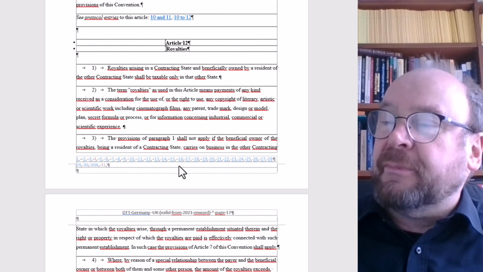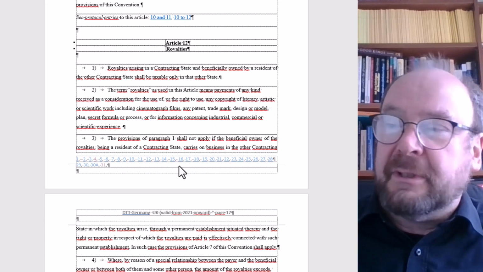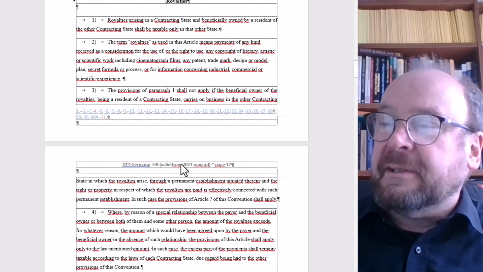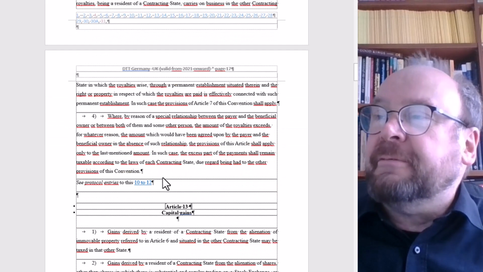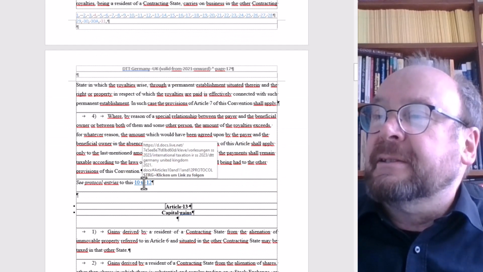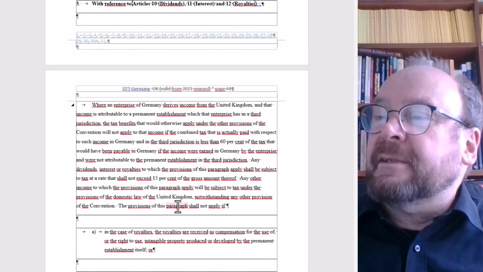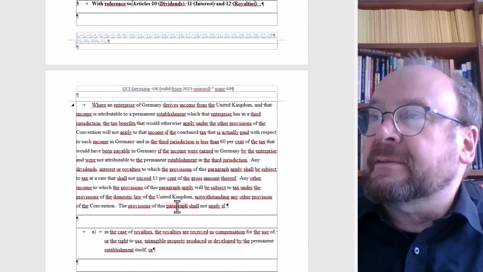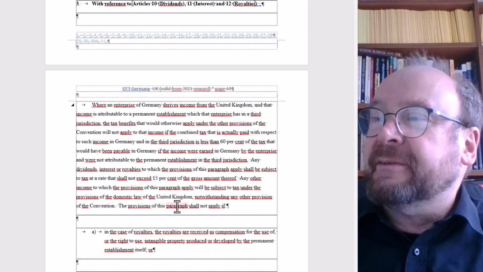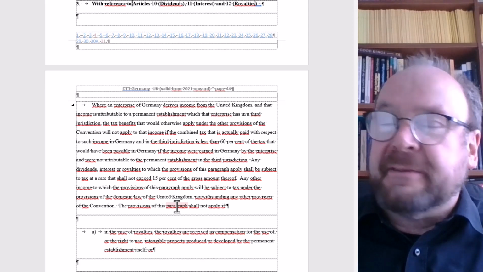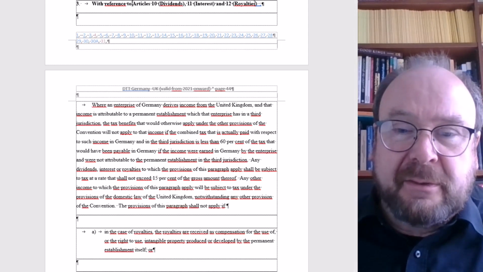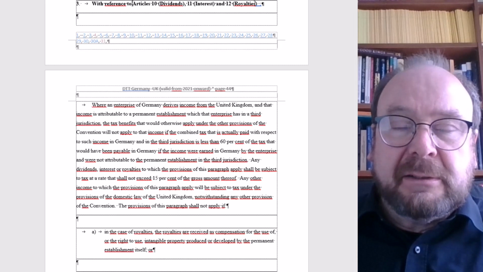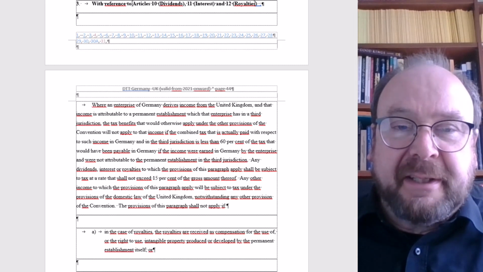And we have a protocol entry to Article 10 to 12, but surprise, this is some clause on a 3-country constellation, so that doesn't affect us here. So it's Article 12.1 saying that only the UK can tax the license fees.